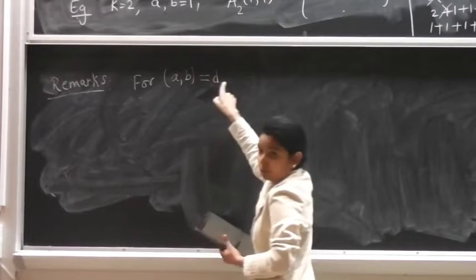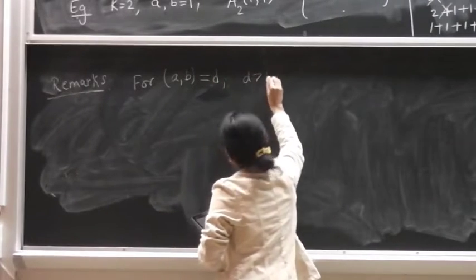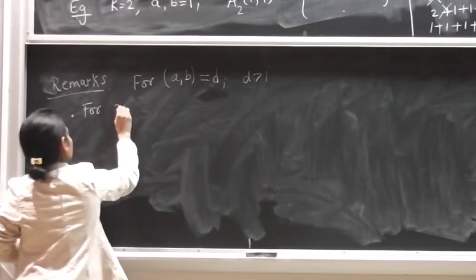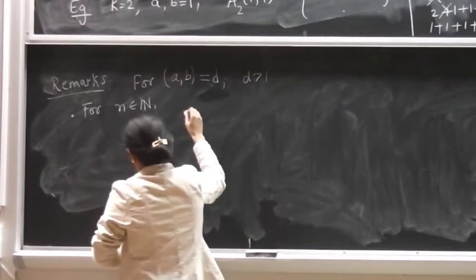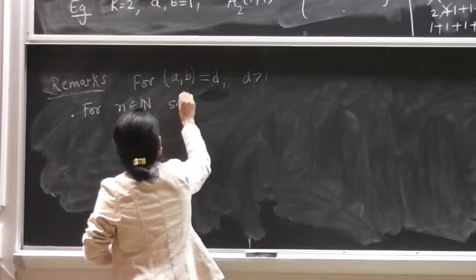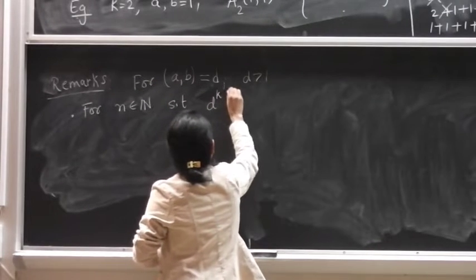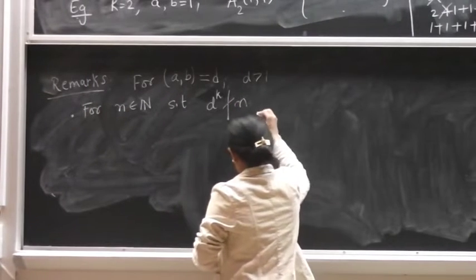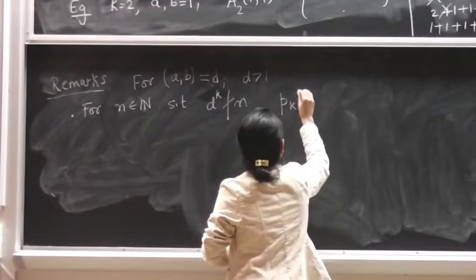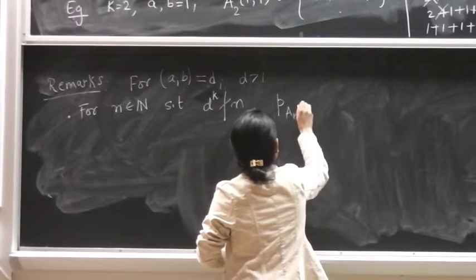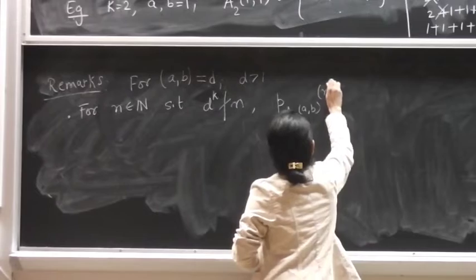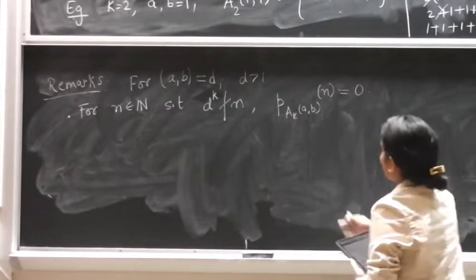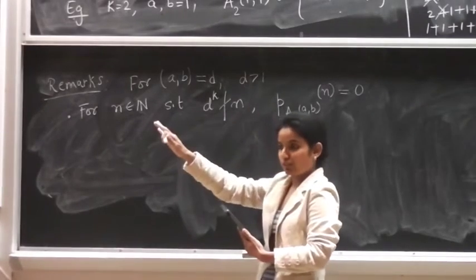Because if they are not coprime, and you have d larger than 1, where d is the GCD, then for any n such that d to the power k does not divide n, you know that p of A(k,a,b) of n has to be equal to 0, because you can just factor out d to the power k from each of these parts.